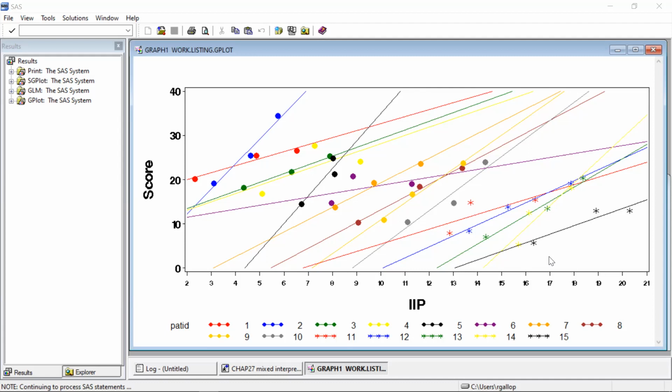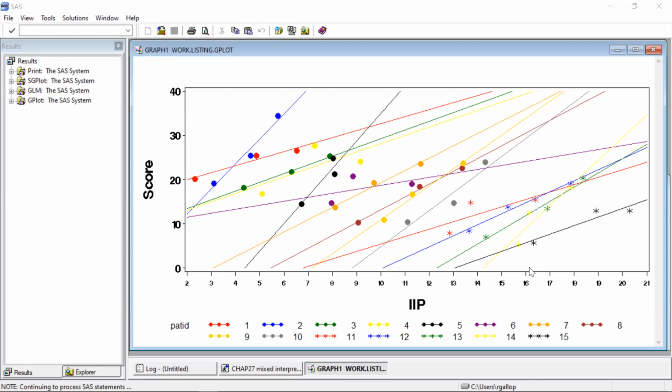Now, when we look at this data correctly and account for the repeated measures, looking at what's going on within a person on average, this makes more sense: more interpersonal problems correspond to higher levels of depression.